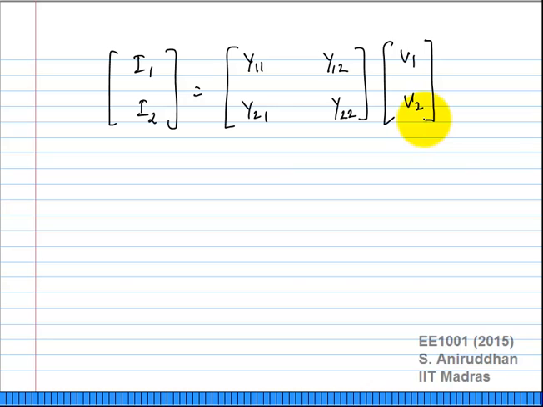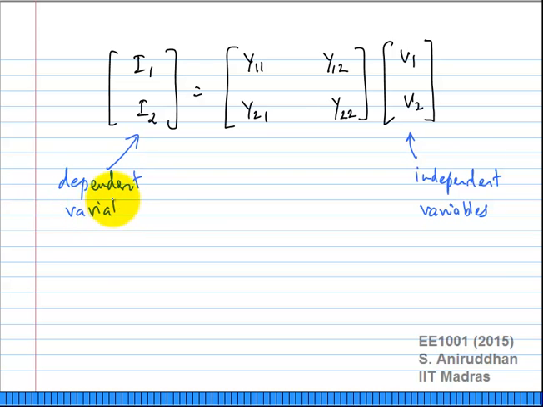All good so far? So the way we are writing it, these are the independent variables, these are the dependent variables, and these are what are called the Y parameters of the network.